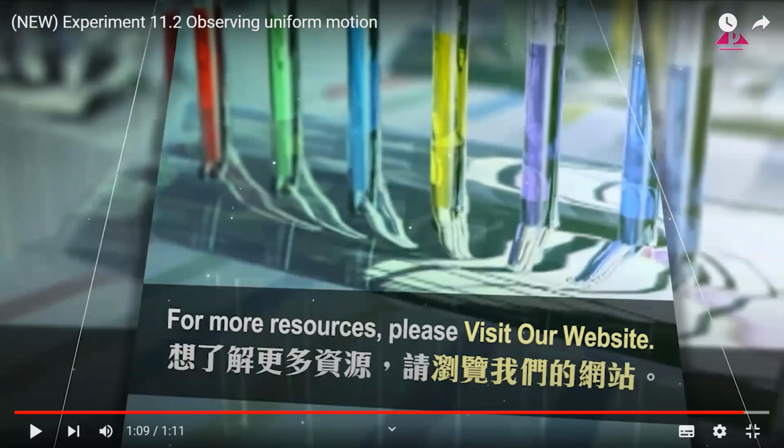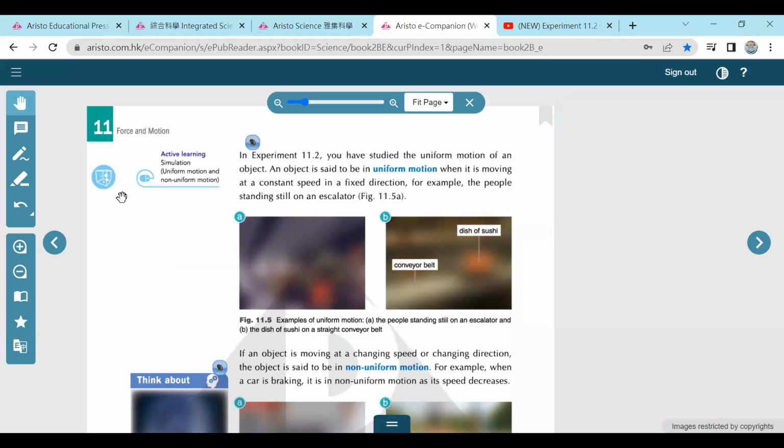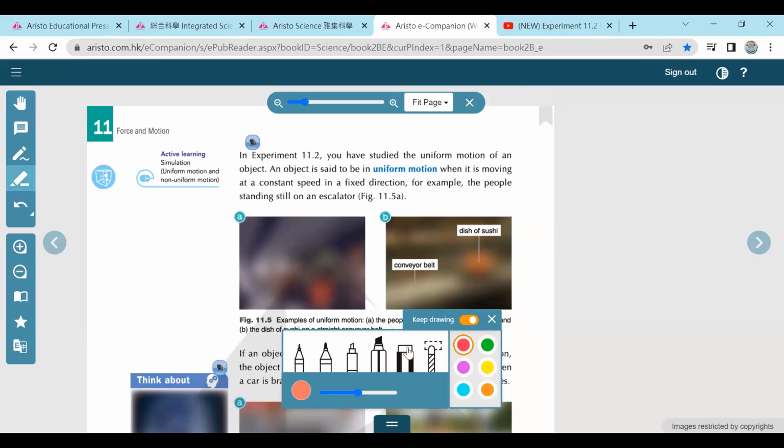Okay, so let's go back to your book. In experiment 11.2, you have studied a uniform motion of an object. An object is said to be in uniform motion when it is moving at a constant speed in a fixed direction, for example, people standing still on an escalator.